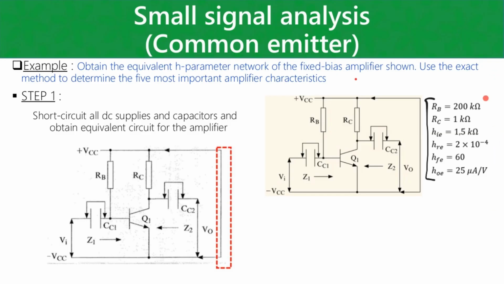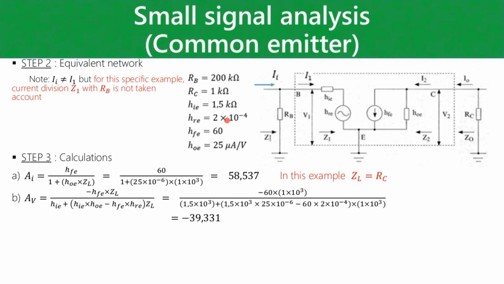I'm struggling to reduce it, but we can see the value over here: 2 times 10 to the minus 4. The forward current gain is 60, and the output conductance of our transistor is 25 microamps per volt.